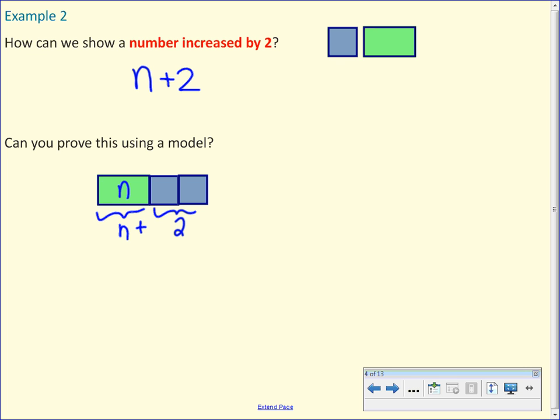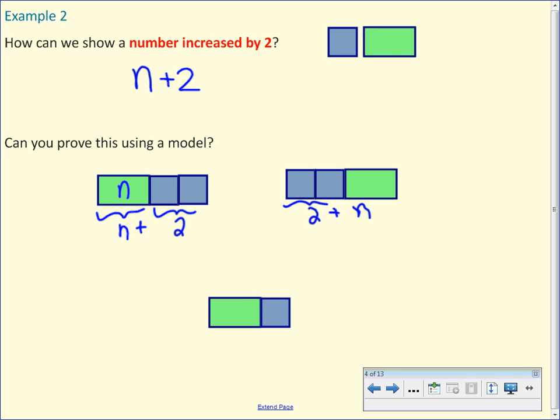Could I do it this way? Could I do it that way? 2 plus n, are my bar diagrams the same size? Yeah, so they have the same value. We're going to start seeing it like this. I'm just going to do a little timeout from the lesson.